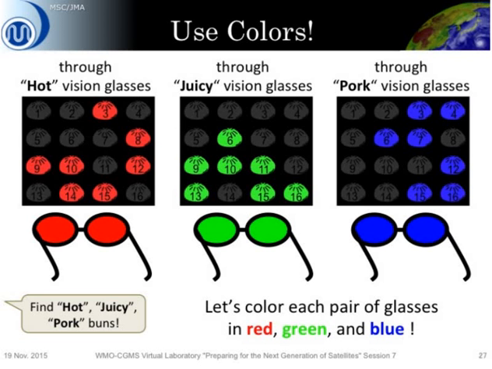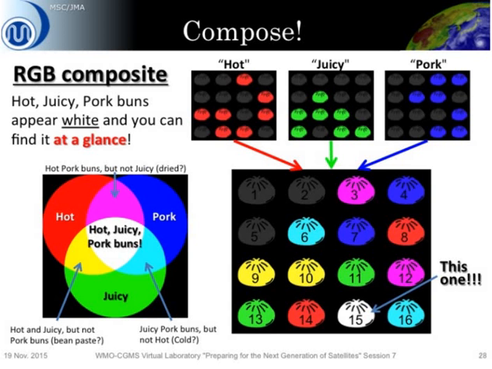Now use colors. Let's color each pair of glasses in red, green, and blue. Then compose them. Maybe you can put on these three pairs of glasses at once. Then the set of buns seems like this.